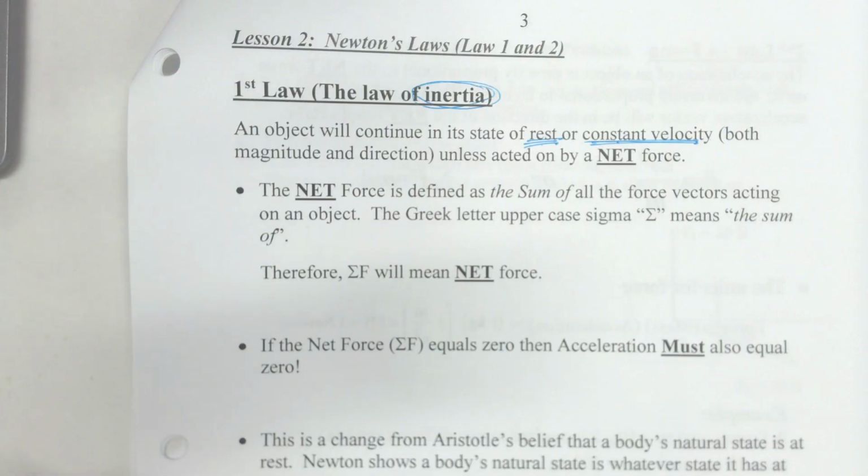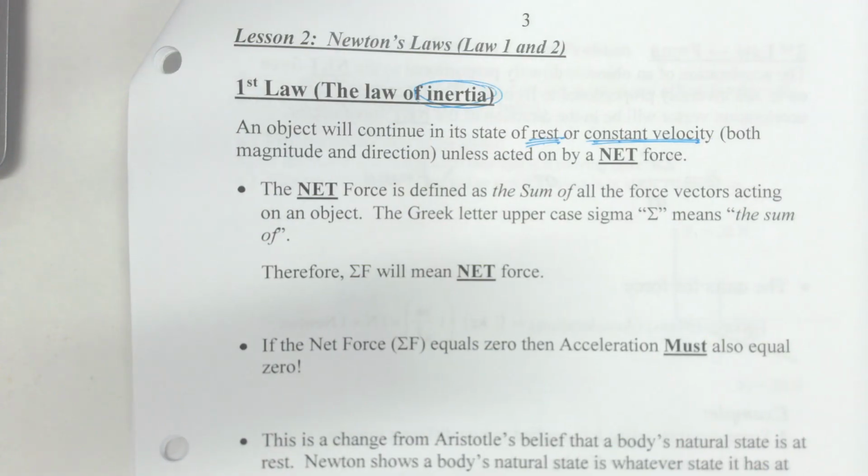So to break that down, it means an object will continue to stay in motion in a straight line, or if it's at rest, it wants to continue to stay at rest unless some net force acts upon that object. If it's at rest, it wants to stay at rest. If it's in motion, it wants to stay in motion in a straight line at that constant velocity.